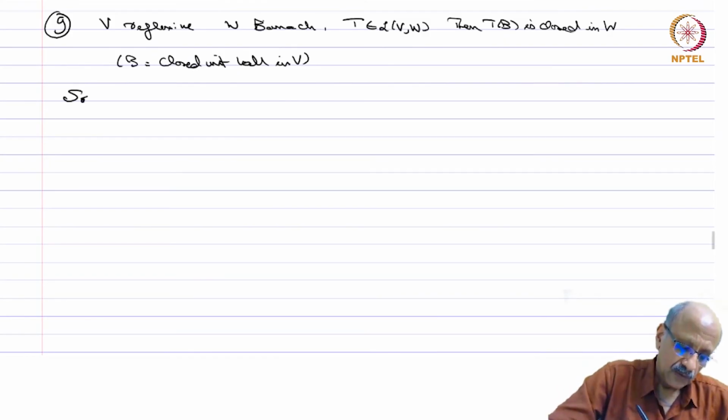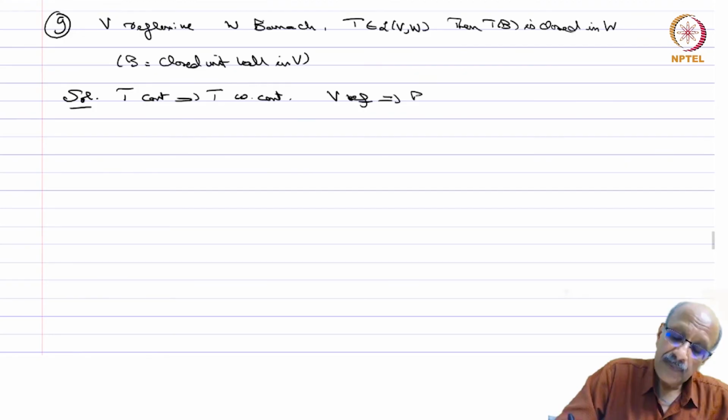So solution. T is continuous, which implies T is weakly continuous. V reflexive, so this implies B is weakly compact.